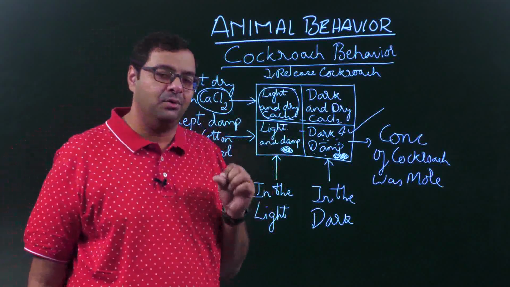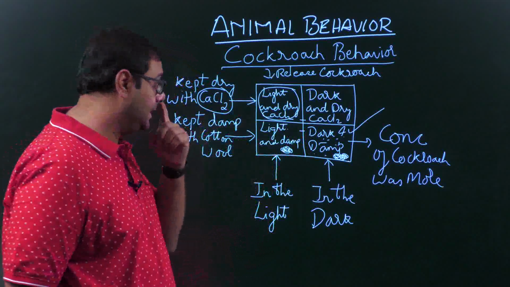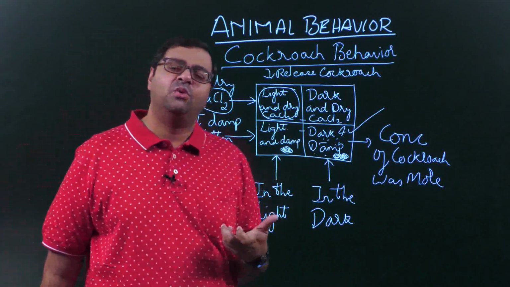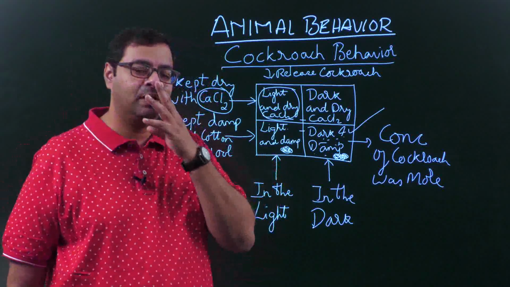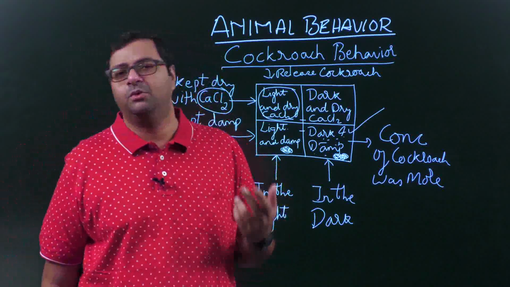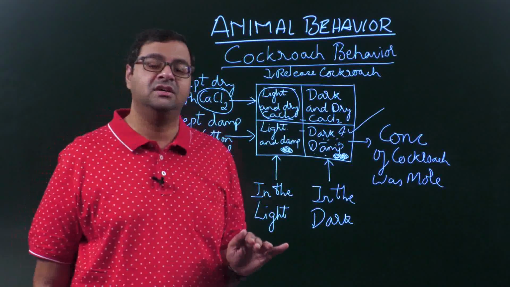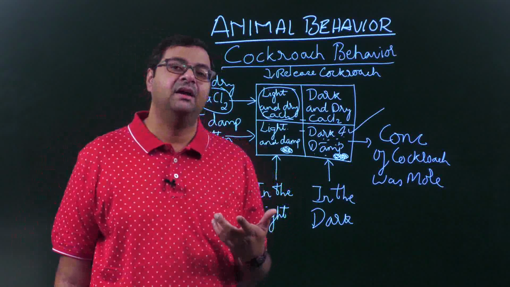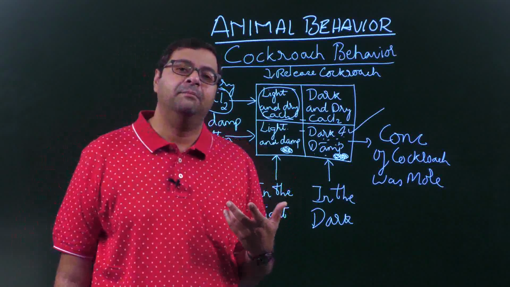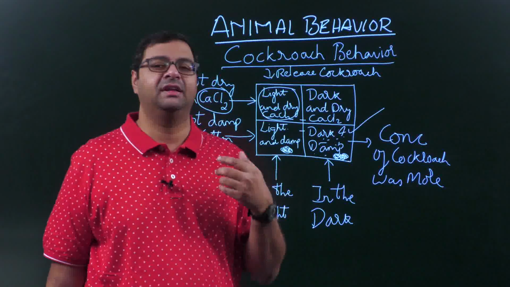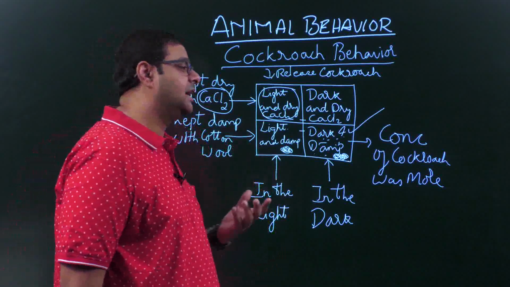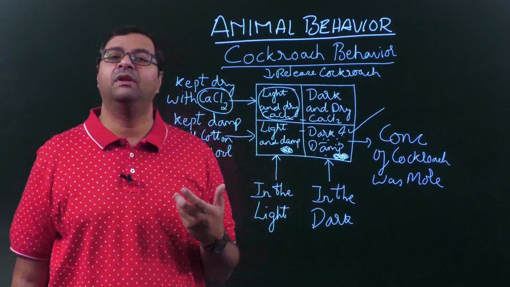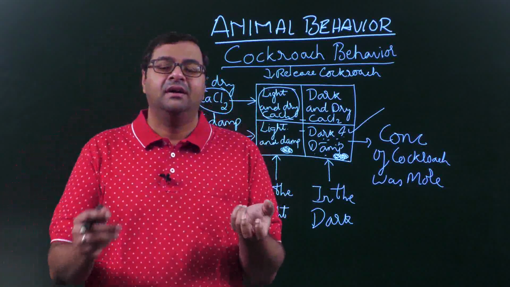Now, the next thing I would like to tell you is the behavior of a dog. When dogs look at their owners, they won't bark, but if they look at a stranger, they bark. That is the instinct of a dog. Next, take a bird, a tailor bird.